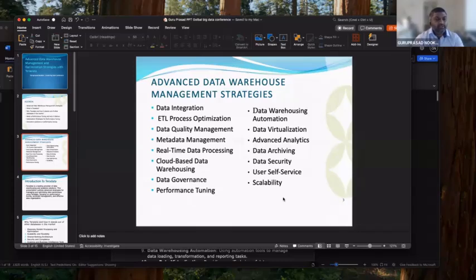And user self-service is empowering business users with tools to query and analyze data without IT intervention.